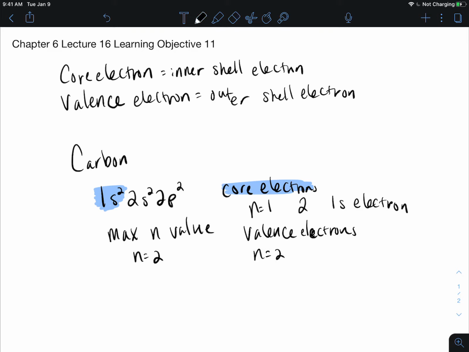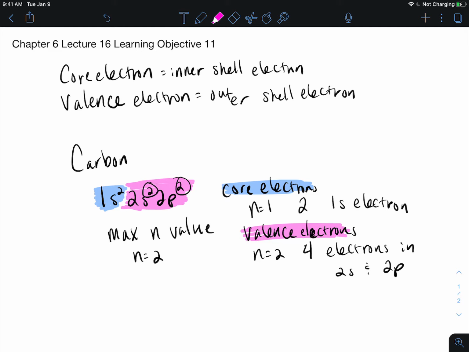So they're going to be our 4 electrons in 2s and 2p. So our valence electrons are going to be these electrons right here. Okay?